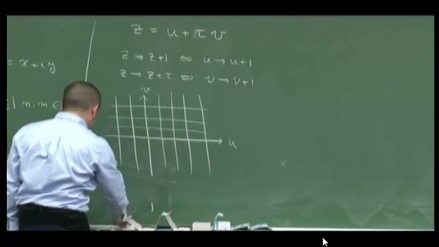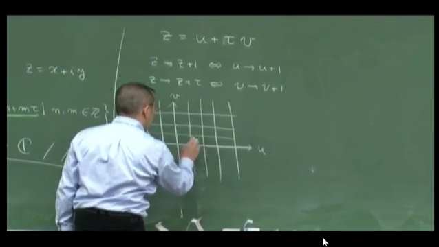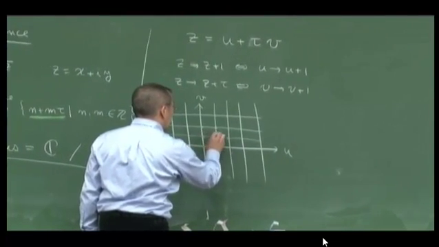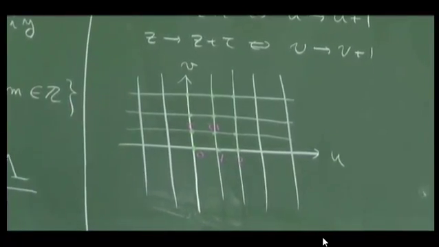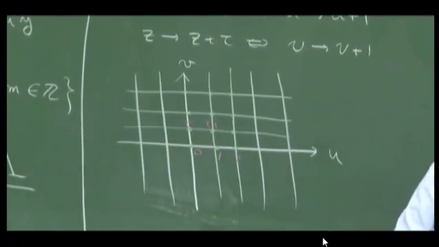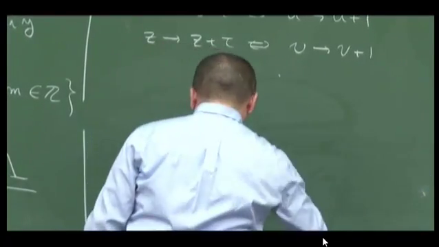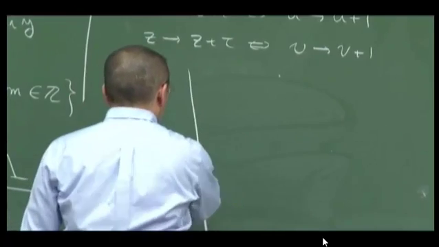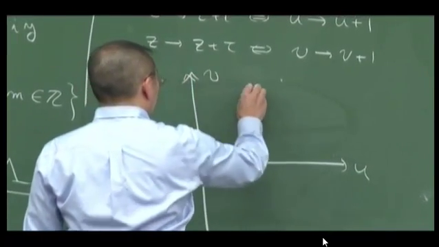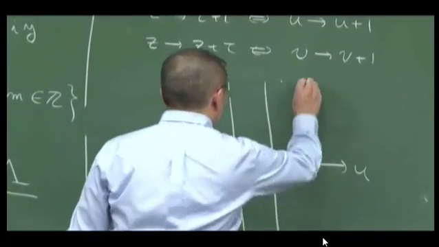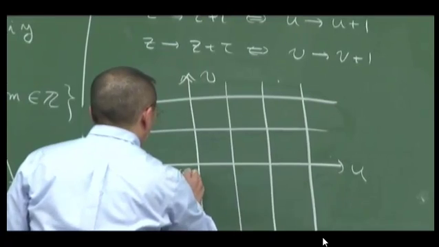So we are considering this torus not as a complex plane. Excuse me, let me do it again. U, V. So this is 0, 0.